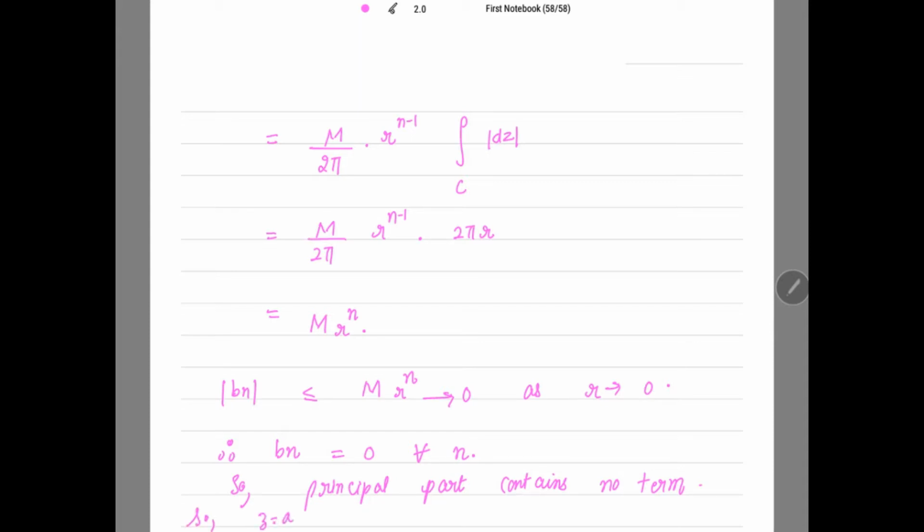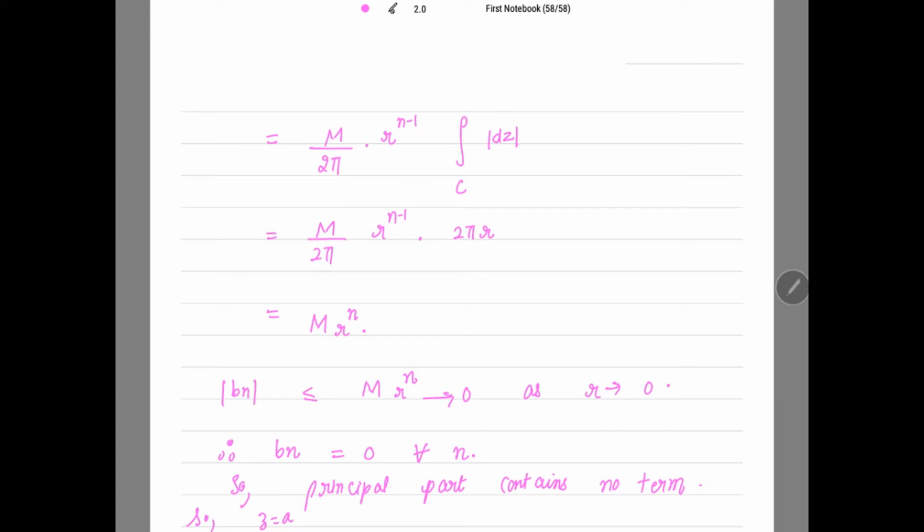Why have I taken r tending to 0? Because the radius can be very, very near to 0. We can take the radius as small as possible because we need the point to be isolated, so that no other singularity falls in the neighborhood of that point.